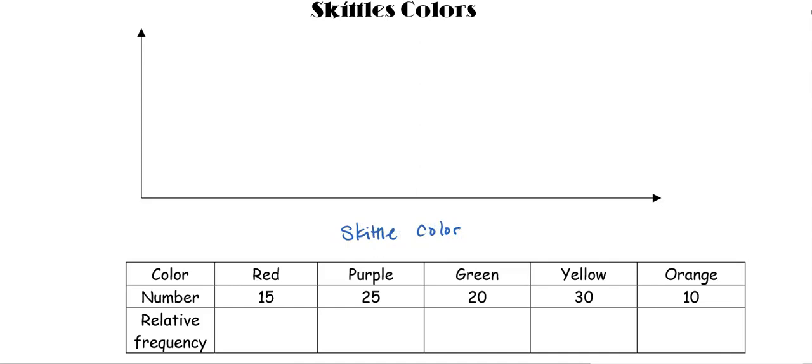And our first one is going to be frequency, or the count. We have all of our different categories. The first one we have is 15, the largest is 30. So when I'm going to create my labels on the vertical axis, I know that the highest number I have to go up to is 30.